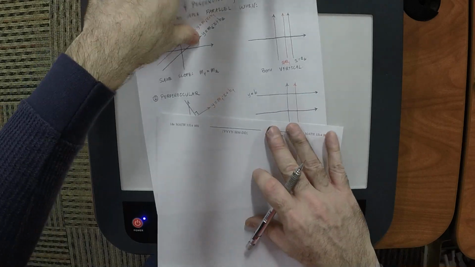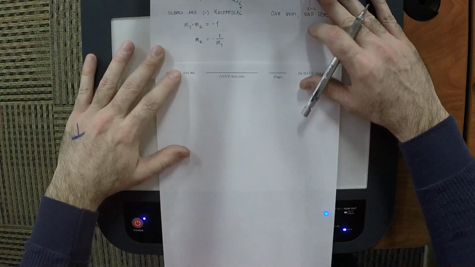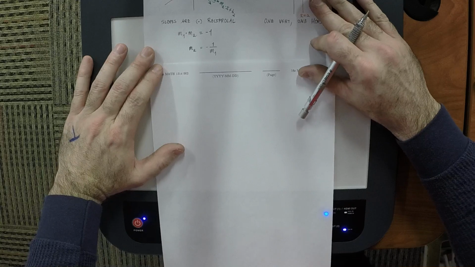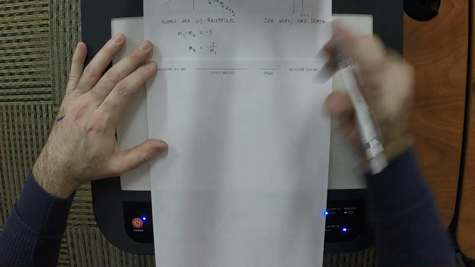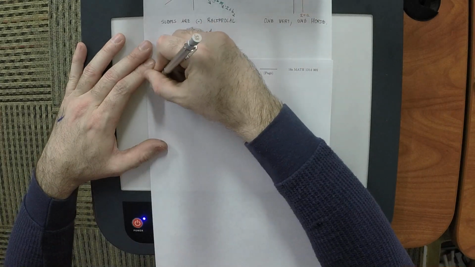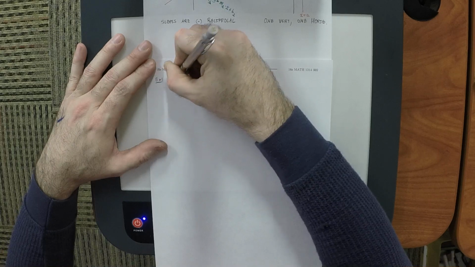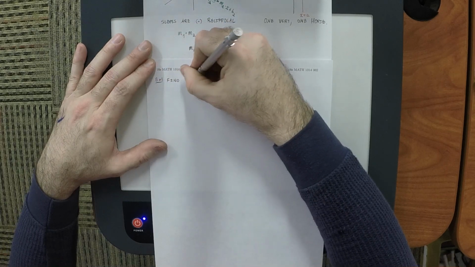So now let's make sure that given a slope we can find the perpendicular slope. So for example, find the perpendicular slope.